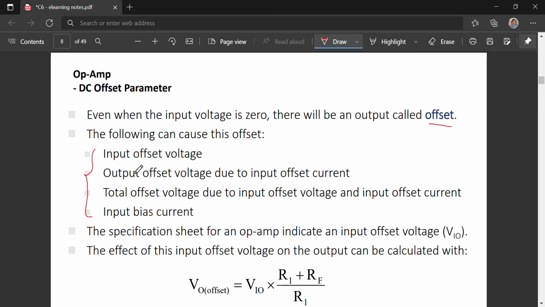So we call it the input offset voltage. While the offset at the output, we call the output offset voltage, which is due to the input offset current. It means that the current is off from what we set. That is the term.